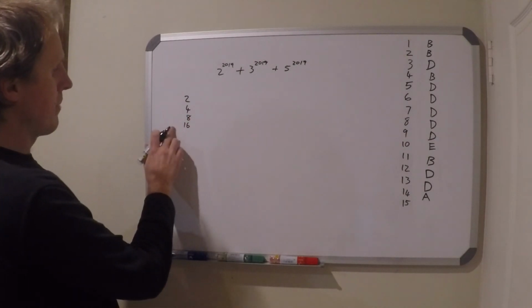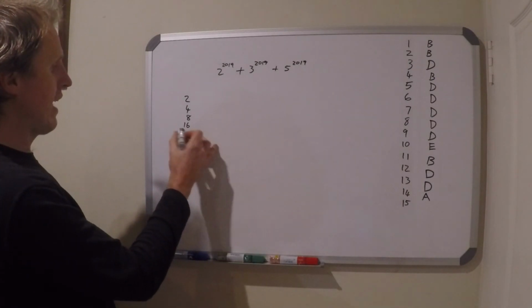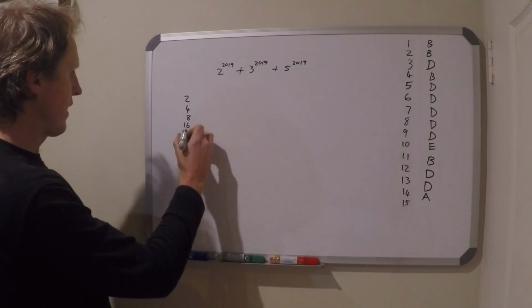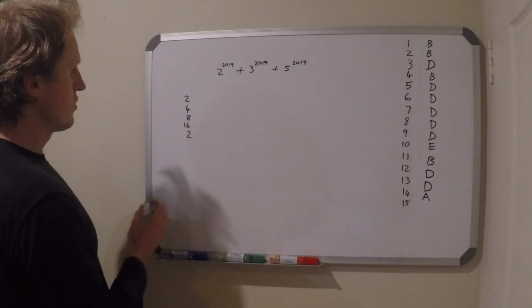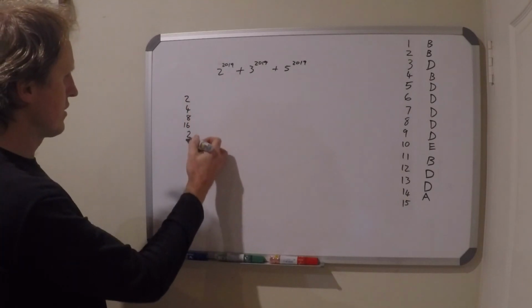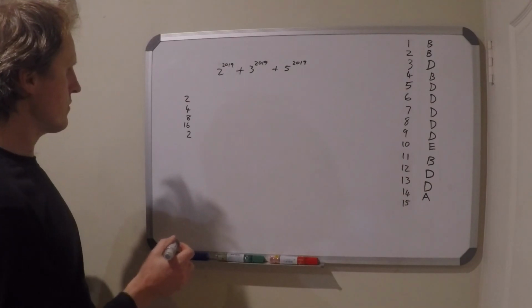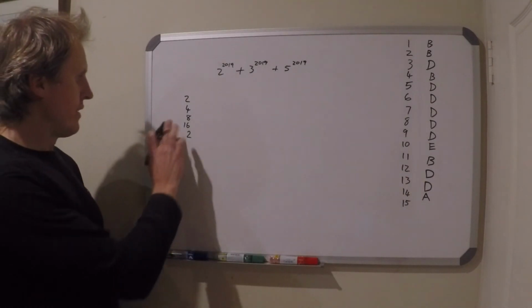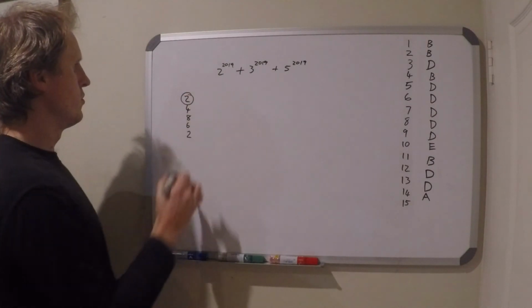We don't really care about the other digit, because anything that ends with a 6, if you multiply that by 2 again, you're going to end up with a 2. So you can see that this pattern repeats: 2, 4, 8, 6, 2, 4, 8, 6, 2, 4, 8, 6.